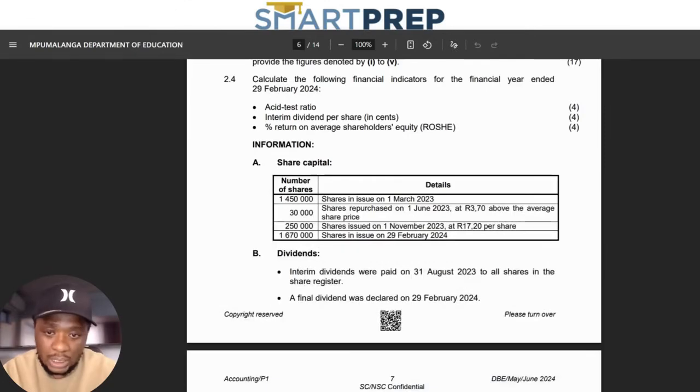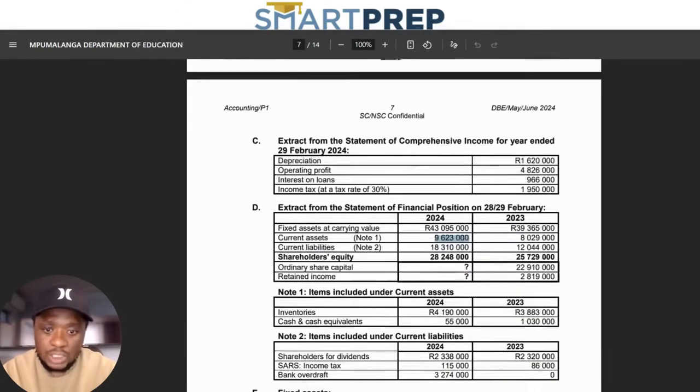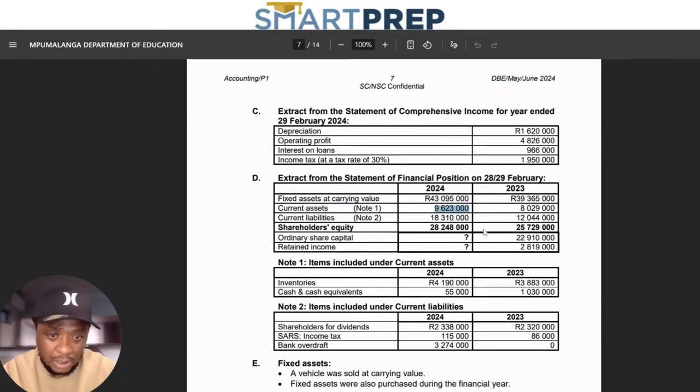So what is our, let's look at the share capital then at the beginning, 25,729 plus 28,248.